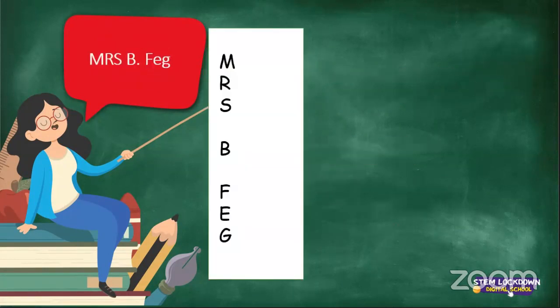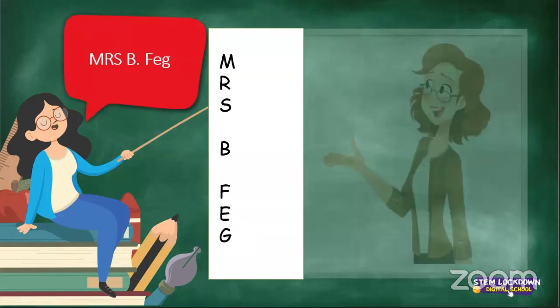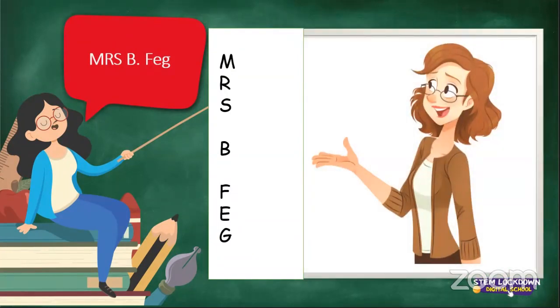Now, let's quickly recap because this is an important part. Here is Mrs. B. Fig. So quickly tell me, type in your chat box what M stands for. I already gave the answer of that one. Good, Naledi. What does the R stand for? Remember, these are the 7 life processes.